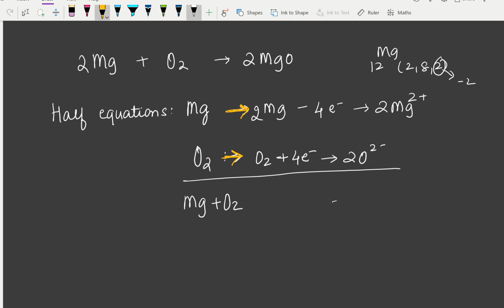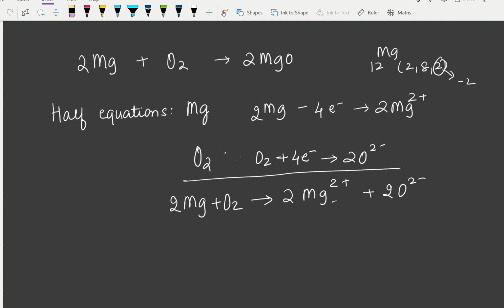So Mg plus O2 gives you 2 Mg2+ 2 O2-. Sorry, that's 2 Mg. Just a minute, I think I messed up here.